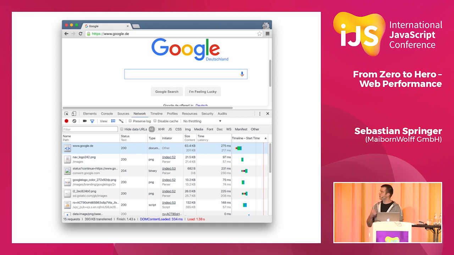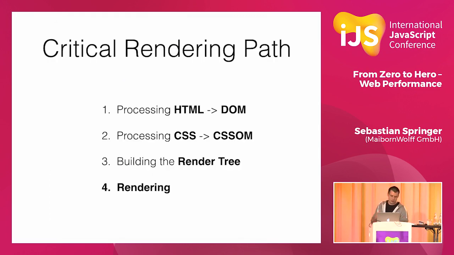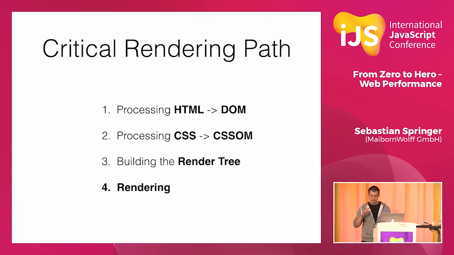So what does your browser have to do? First of all, the browser needs HTML. Then the browser needs CSS. Then all the things get merged together into a thing called render tree, and then the stuff is rendered on the screen. Fine.